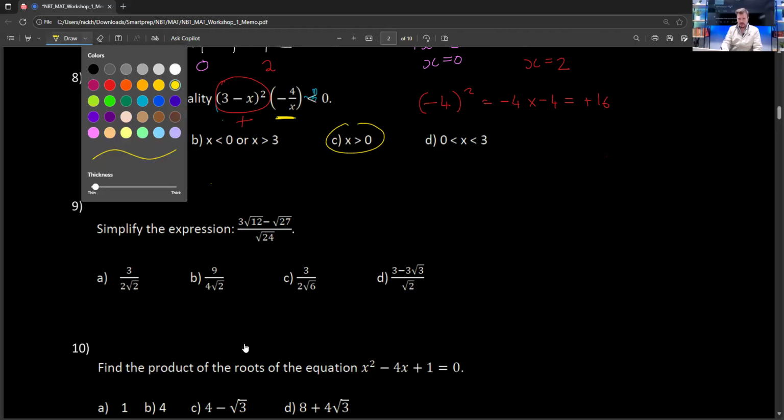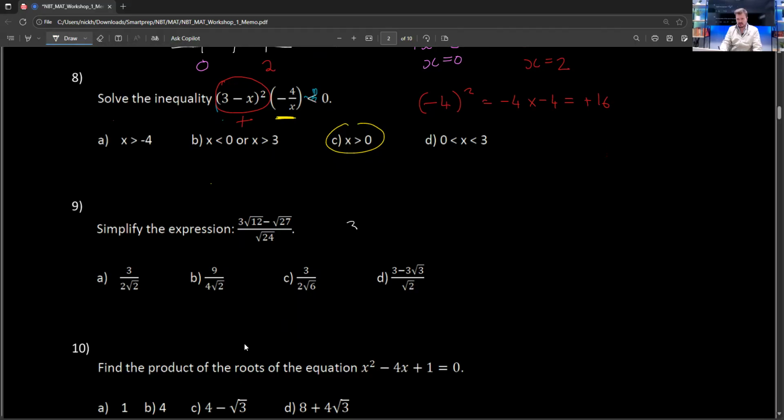So we have 3 root 12. What we have to do is simplify this. Something to bear in mind is that anytime you have a square root, in order to get to a not square root, you need a perfect square inside.